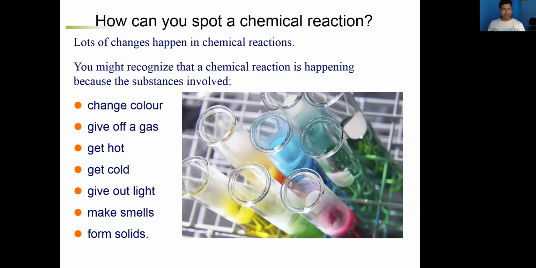It could make a smell, good smell or bad smell. All sorts of flavors that we use are a part of chemistry. It could be natural flavor or artificial flavor, whatever it is, it's chemistry and a lot of chemical reactions are involved. And it could be from solids. Yes, it could.